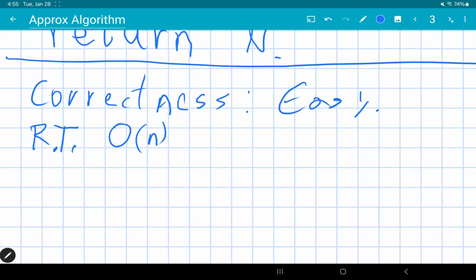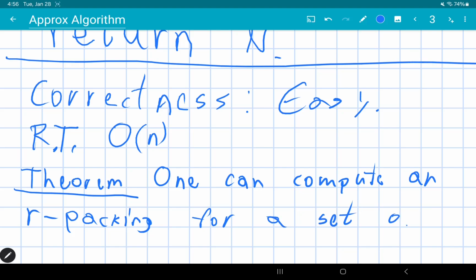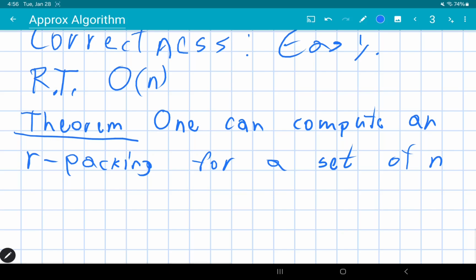Okay, so we get the following pretty amazing result. At least I think it's pretty amazing. One can compute an R-packing for a set of n points in R^d in O(n) time.